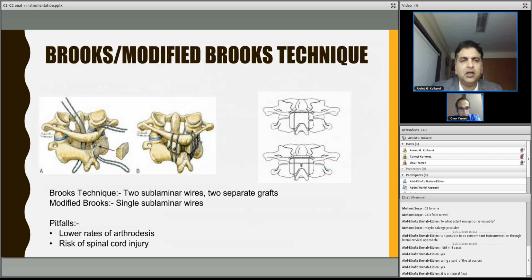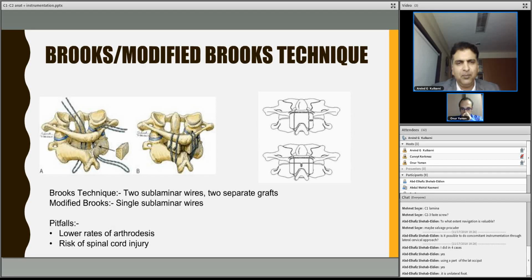After Gallie, then came this Brooks fusion, where they put bone graft on the two sides. It was slightly better than Gallie's fusion. The blocks of bone were placed between C1 and C2 posteriorly, and the cable was wound around it.